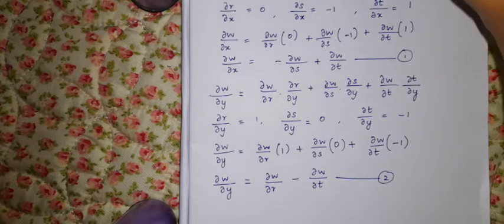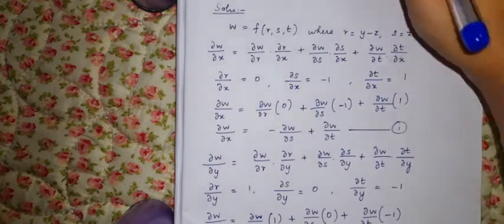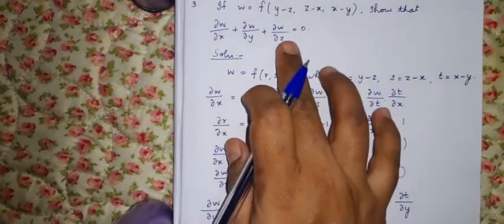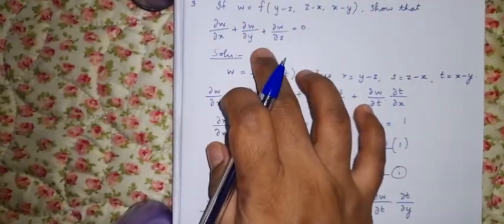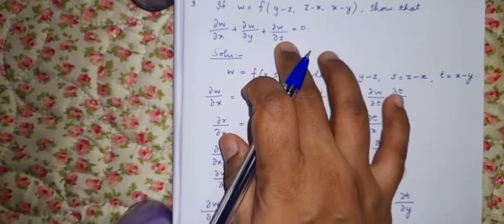Next we need ∂w/∂z. We found ∂w/∂x and ∂w/∂y.